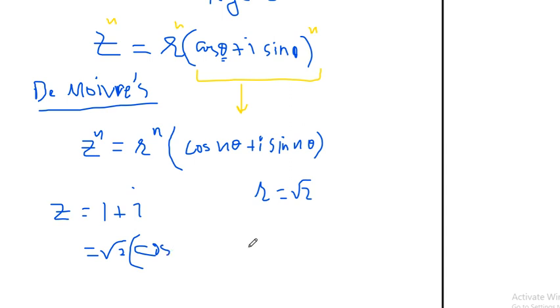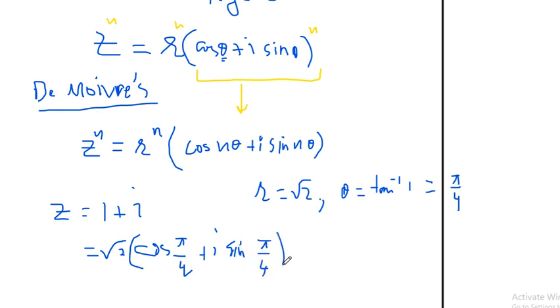Theta is tangent inverse of b by a, which is tangent inverse of 1 by 1. Tangent inverse 1 is pi by 4, right? So you got 45 degrees. So we got cos pi by 4 plus iota sine pi by 4. So this is your polar form of 1 plus iota, right?